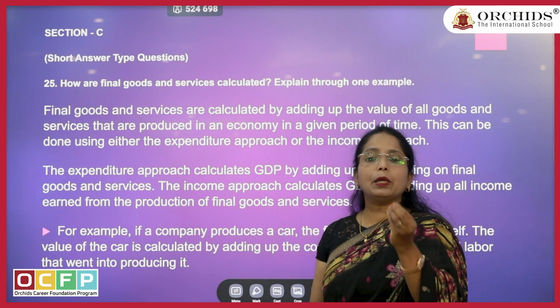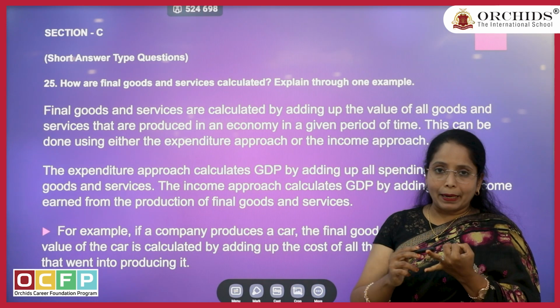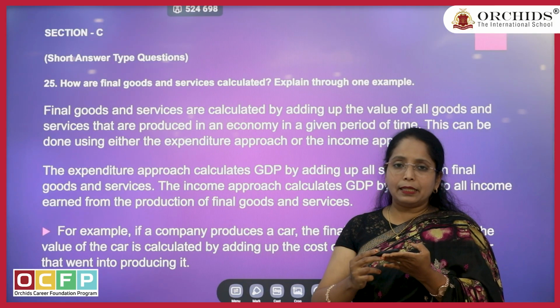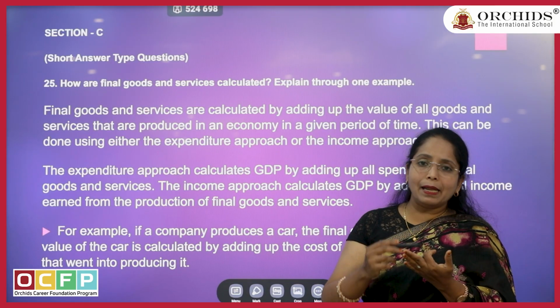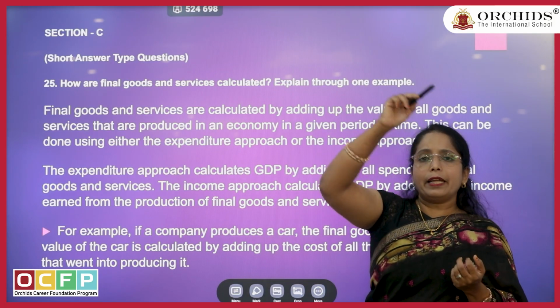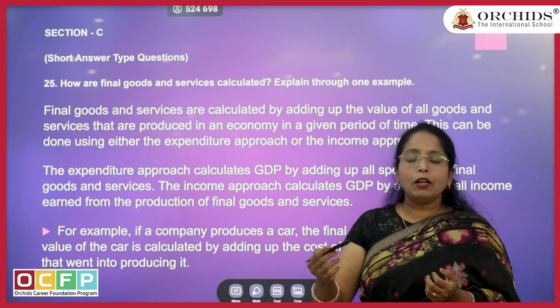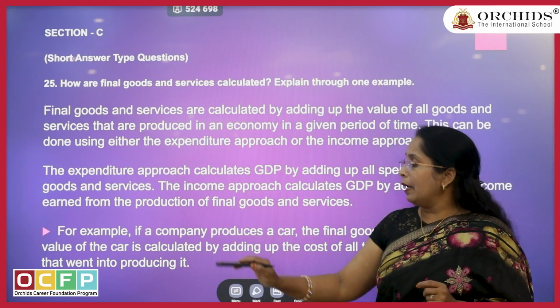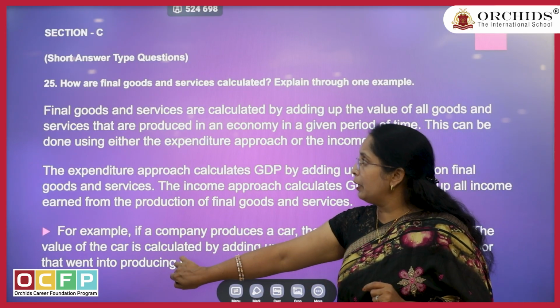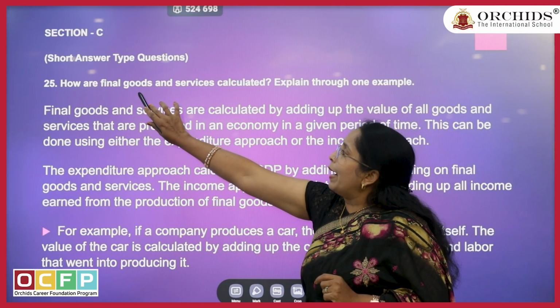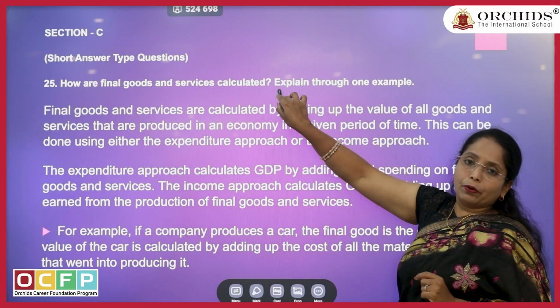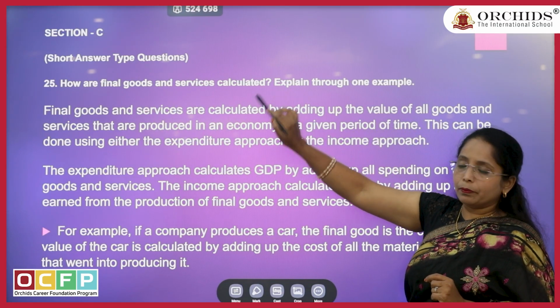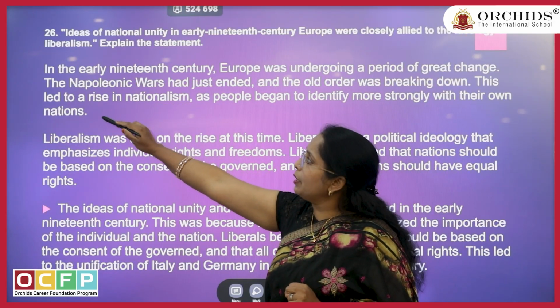A car company requires the raw material, the metal, the labor, the electricity, the rent of the things, the bills, all together what are the expenses we are bearing to produce one particular car. That is one example you can give for how the final goods and services are calculated. Understood? Go for the next question.